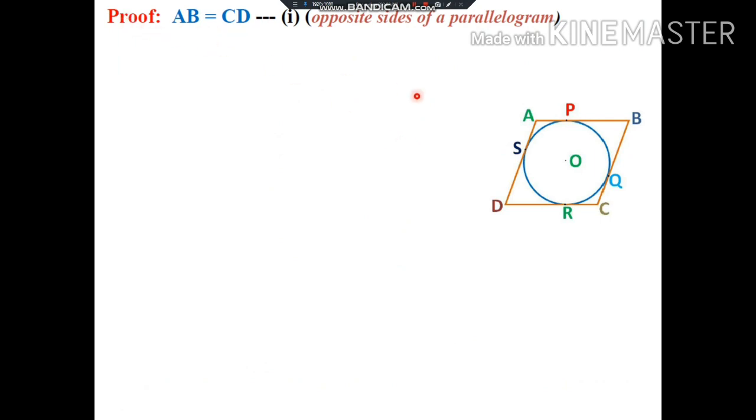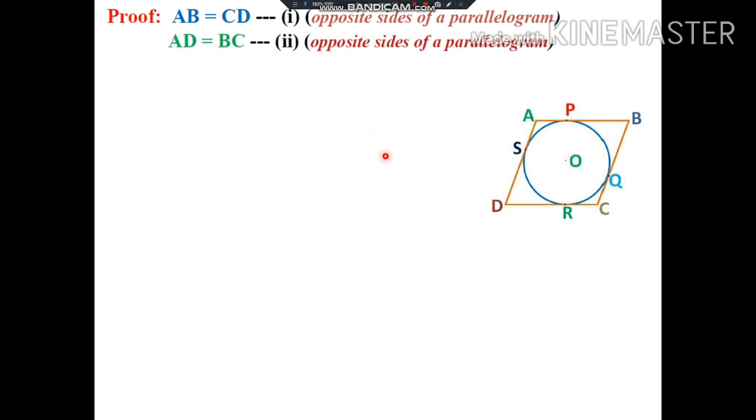Proof, dear children, AB is equal to CD. What is the reason? The opposite sides of a parallelogram are always equal. You have considered it as a parallelogram. It is given. So therefore, AB is equal to CD. Parallelogram, opposite sides are equal. Equation number 1.